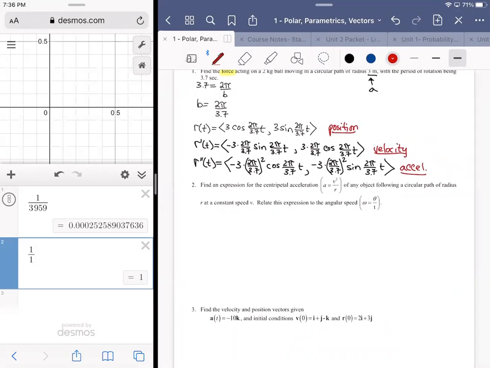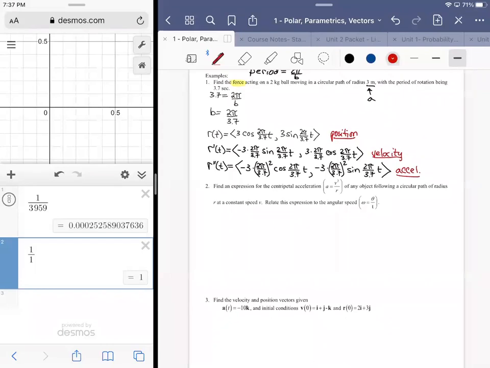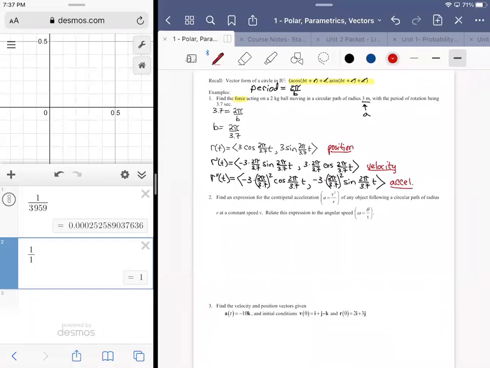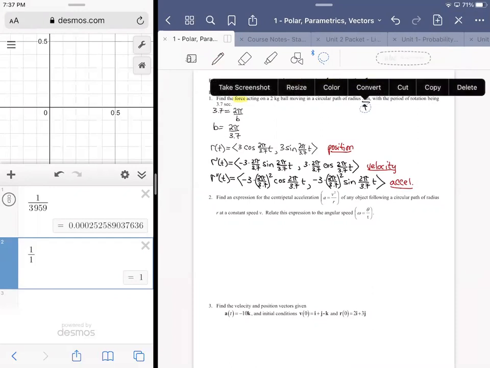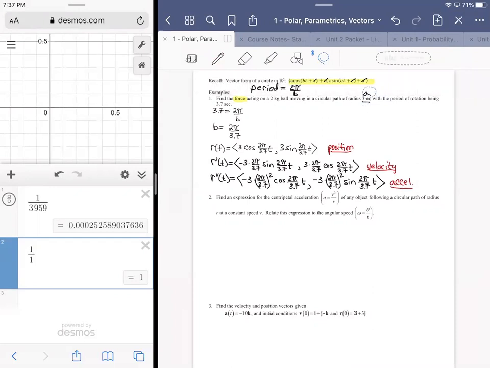So now in the final step, the series of steps to bring this to a close, what I would need to do is find its magnitude. Find the magnitude of this acceleration vector.